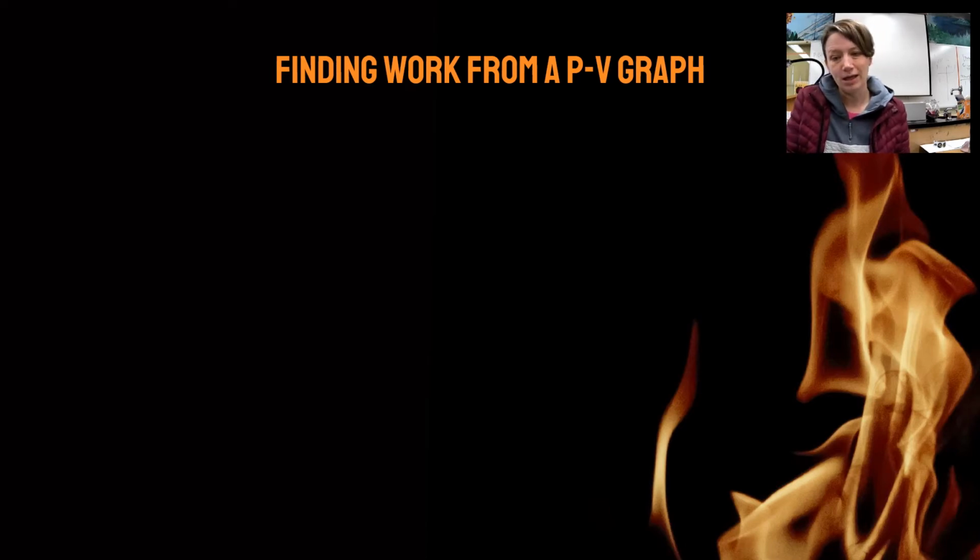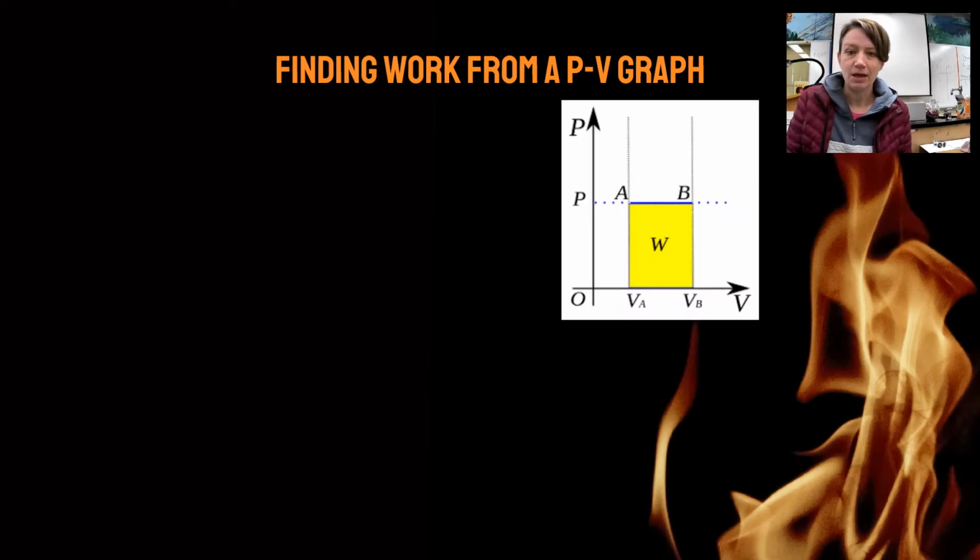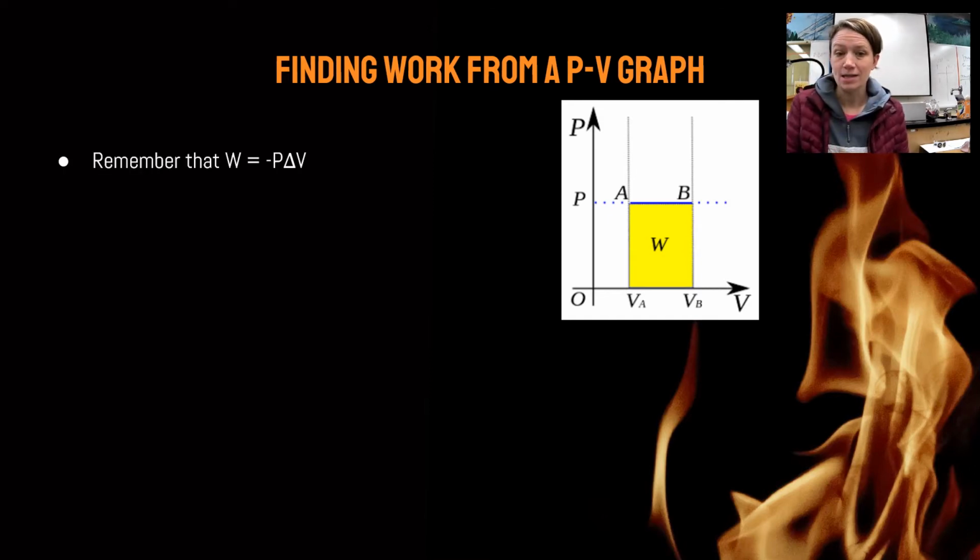Work is actually really easy to find on a PV graph. If you have a graph with a process, remember that work is defined as the negative pressure times the change in volume. So if you have this graph of a process AB, you could read the pressure off the graph, that would be the P right there, and you could find delta V from the graph if we know our initial volume and our final volume.